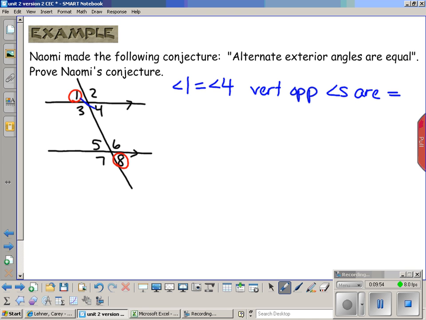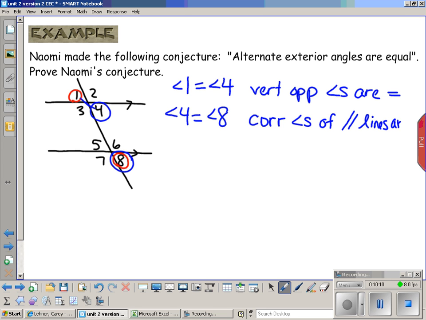We have parallel lines, so we know that 4 has to be equal to 8 because these are corresponding angles of parallel lines, which are equal.